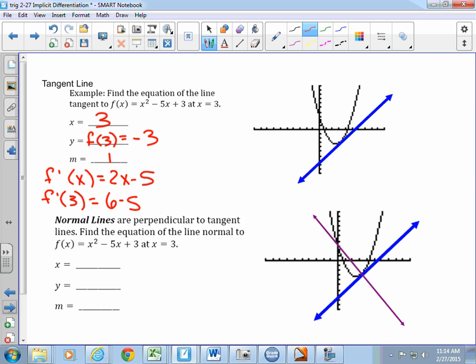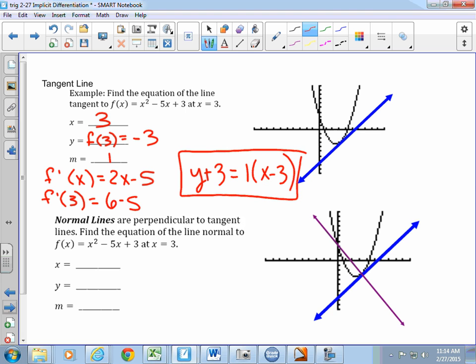Any questions so far? y minus negative 3, which is y plus 3, equals m times x minus 3. Equation 2.